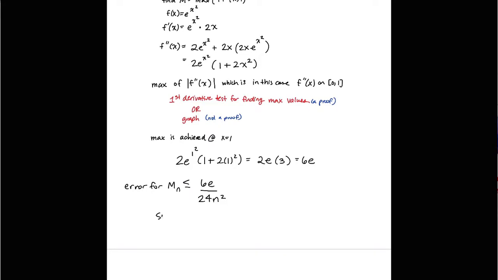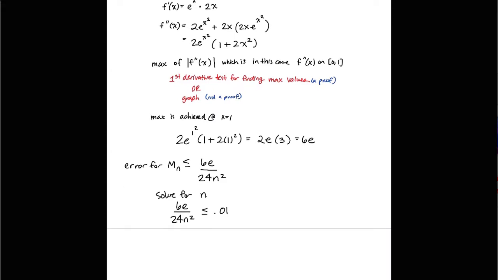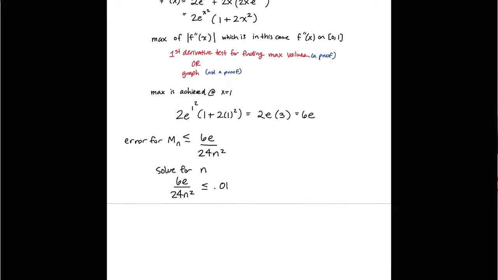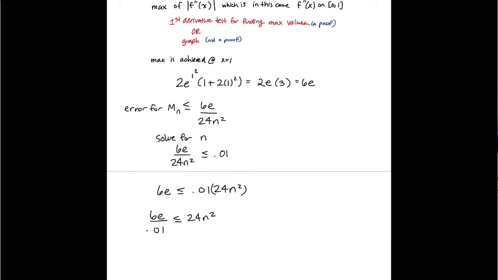Okay, so now we solve for n. That is going to make 6e over 24n squared less than or equal to the desired 0.01. This is just algebra, right? 24n squared is always going to be positive, so I can cross multiply here. We divided by a positive, so again, I'm not going to do anything.